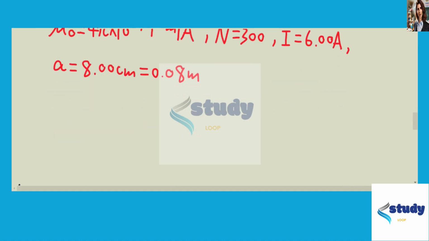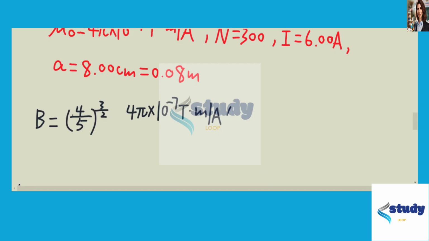So we have the magnetic field at point P equal to, let's do the fraction first, 4 over 5 to the power of 3 over 2 times 4 pi times 10 to the power of -7 Tesla meter per ampere, then times 300, then times 6.00 ampere over 0.08 meter.